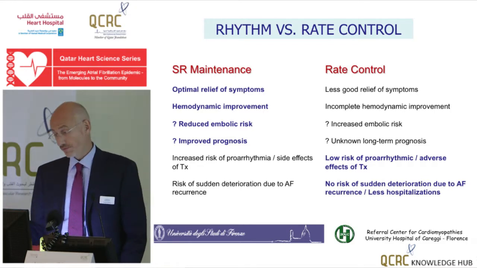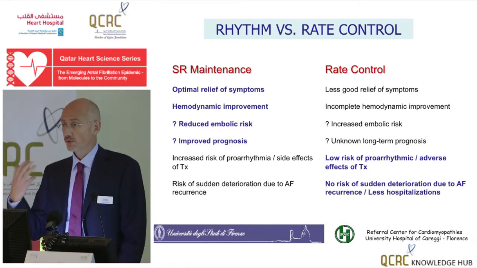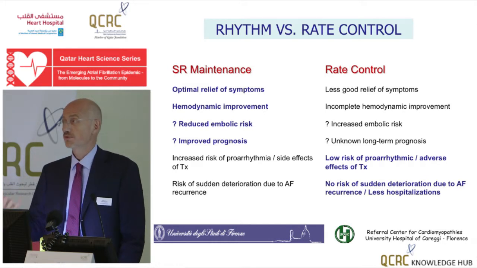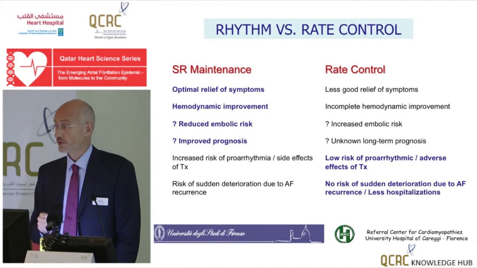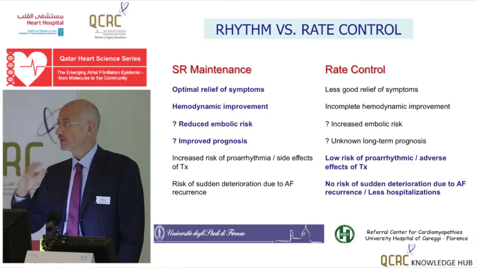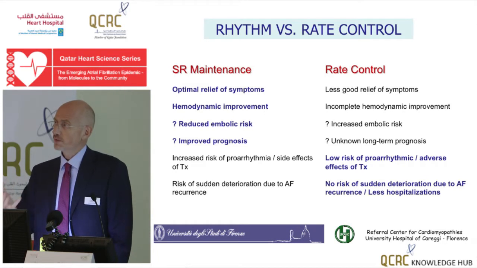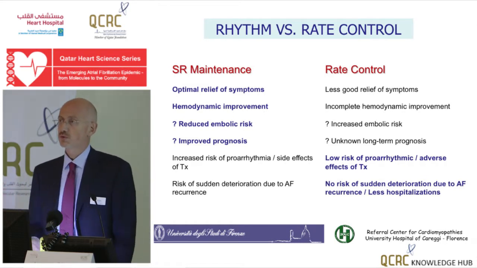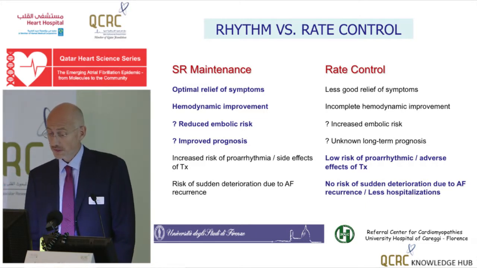In fact, some studies show that if you aim for rhythm control, this makes patients sicker, you give them more toxic drugs, and they are hospitalized more often, as compared to those treated conservatively with rate control. And as long as you anticoagulate the patients properly, probably in some patients this doesn't make a lot of difference. Well, I'm not sure this applies to patients with structural heart disease, and I'm not sure this applies to HCM specifically. I hope we can discuss this tomorrow maybe as well.